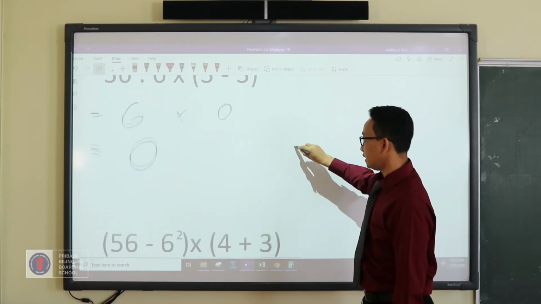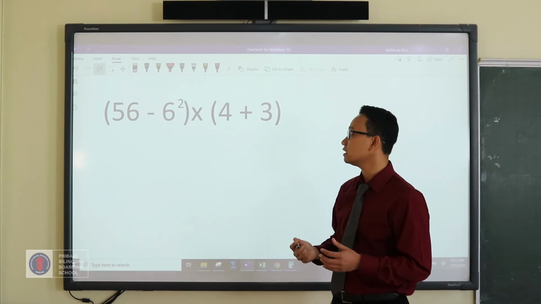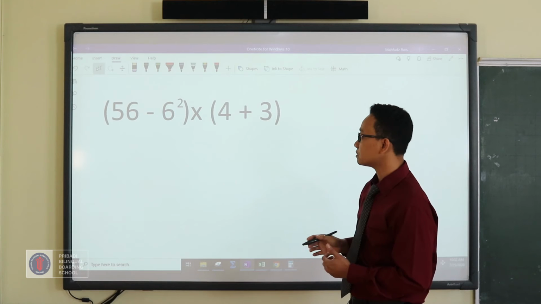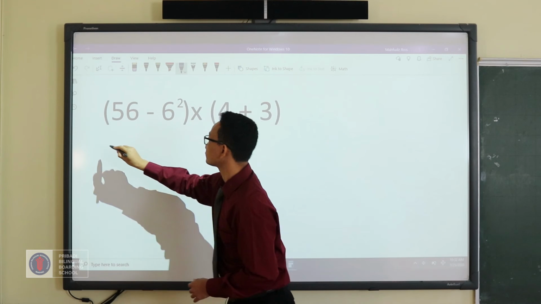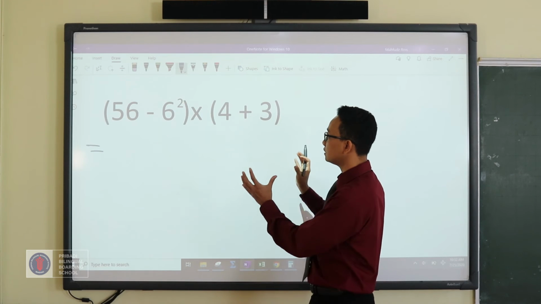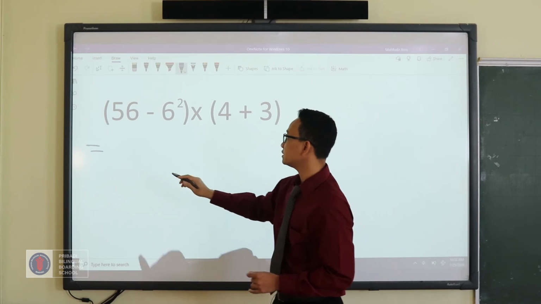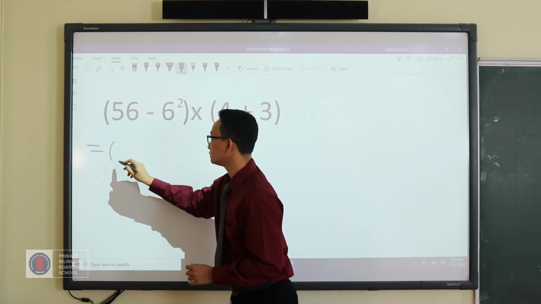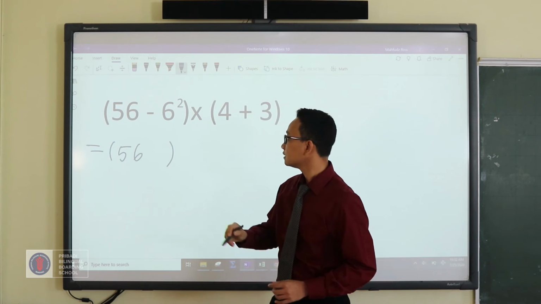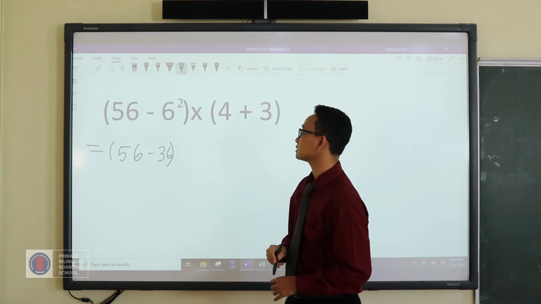Next, another example. We have a combination of brackets or parentheses with the power or exponent, and also addition, multiplication and subtraction. Brackets first. You have to consider the operations inside these brackets or parentheses. So we can do first the one in the bracket: 56 minus 6 squared, which is 36.